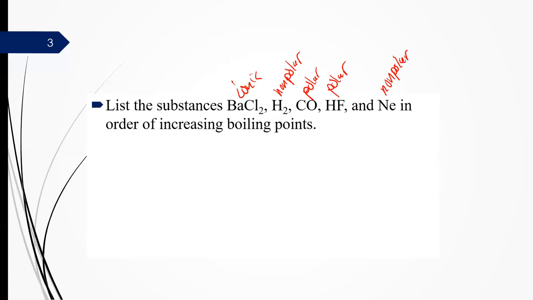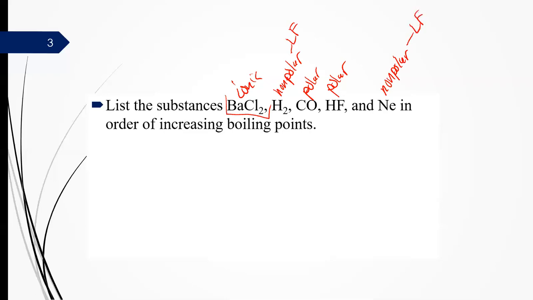So if we think about it, our ionic one is going to be formed by those crystal structure rules. So we're looking for smaller size and higher charges to be stronger ionic bonds. Nonpolar ones, these are all of our London forces, and so this should be about our molar mass.